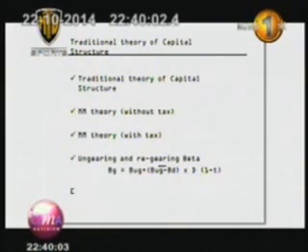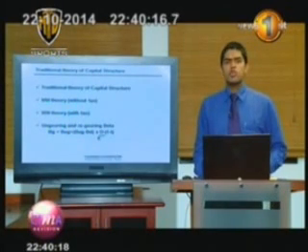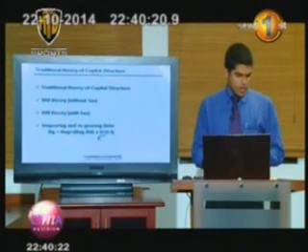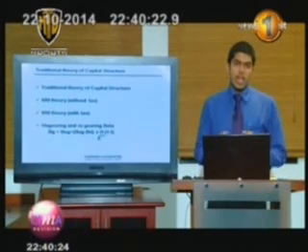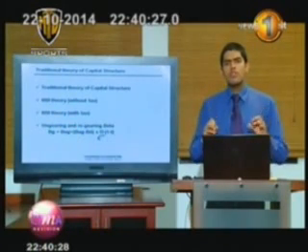Two other important theories to remember: number one, Modigliani and Miller theory without tax. According to this theory, the amount of debt a company has should have no impact on that company's value. Why? A company's value should only be based on the company's future cash flow. So if you have two companies in the same industry that have the same kind of prospects, then these two companies should be valued equally.